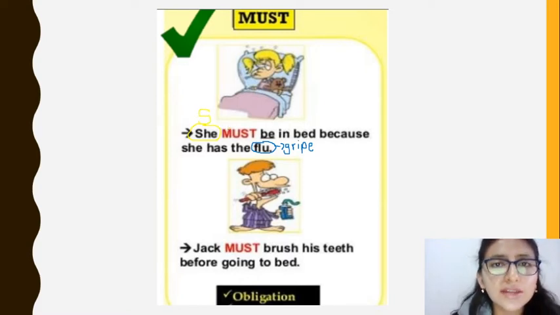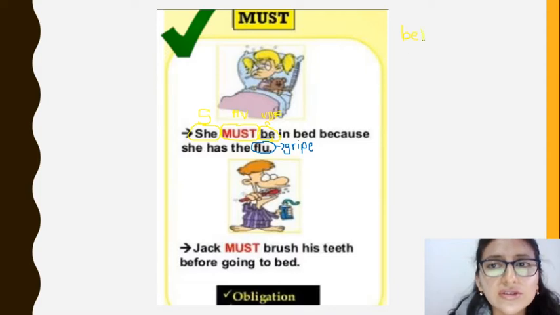What is the modal verb? Very good. Must. What is the verb in the base form? ¿Cuál es el verbo base en esta oración? Very good. The verb be. Remember that we have the verb be.